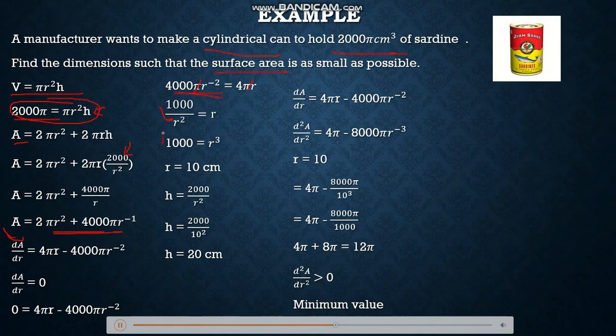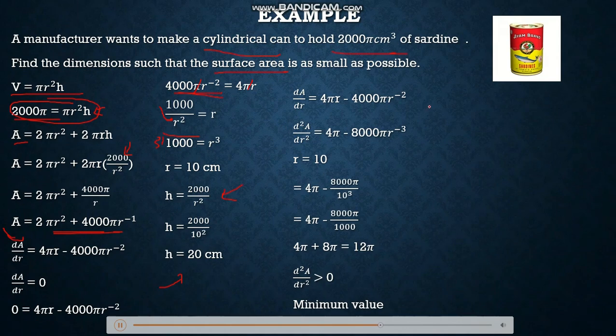Cube root of 1000 is equal to 10. Right, we get the value of r. Now we can find the value of h. The value of h is equal to 2000 over r squared. We substitute the value for r, 2000 over 10 to the power of 2, and then we get the value of h, 20.